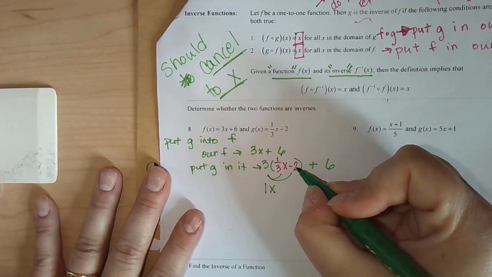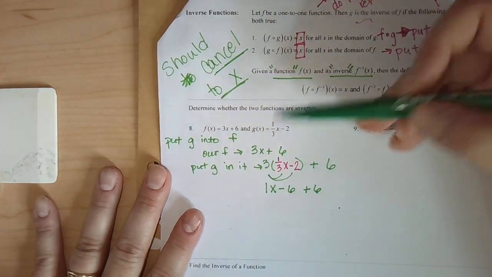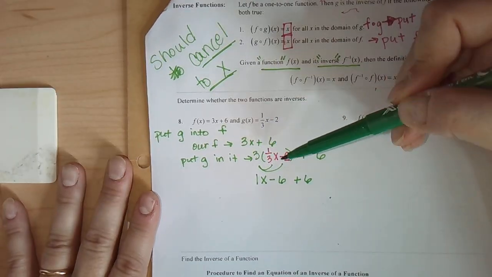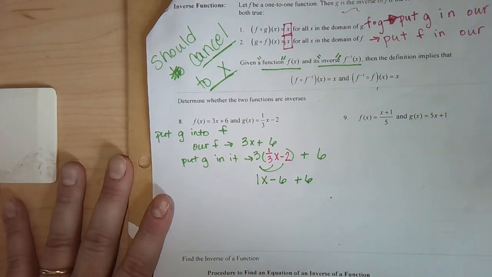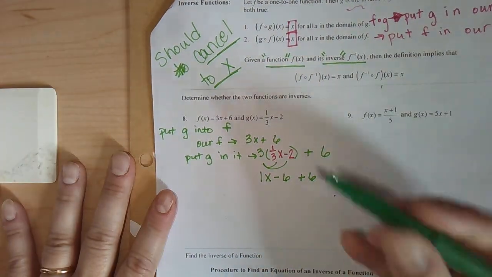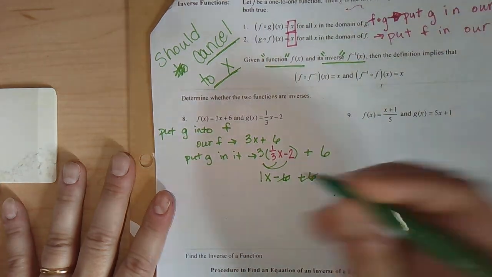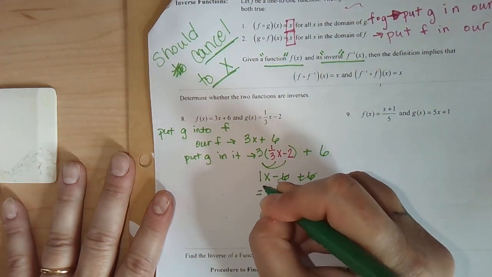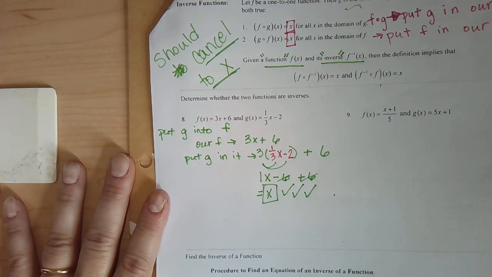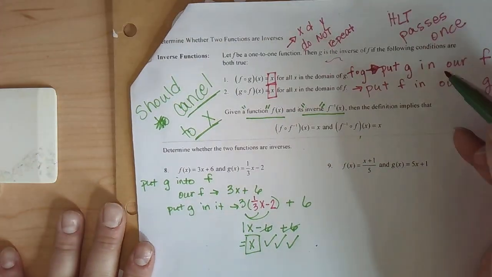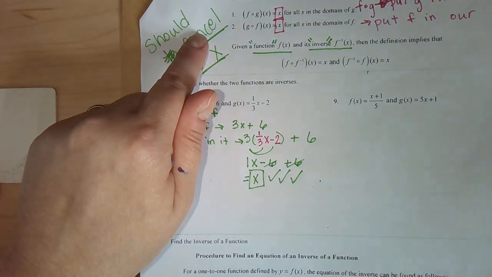Then 3 times negative 2 is negative 6, and then we have a plus 6. So that 3 on the outside of the parentheses cancels out with that first fraction, but not the second one, because you have to distribute it. Then combine like terms: negative 6 plus 6 is just 0. So we just get x, and that's what we wanted. So we just did step 1. We put g into our f, and it worked out beautifully because it canceled to an x.